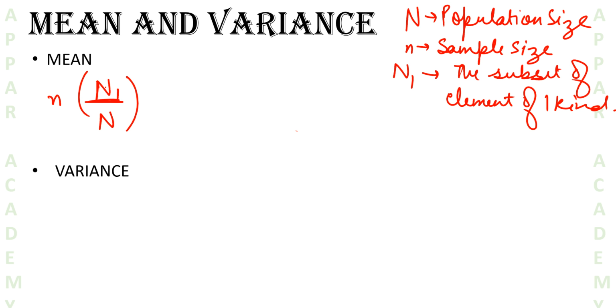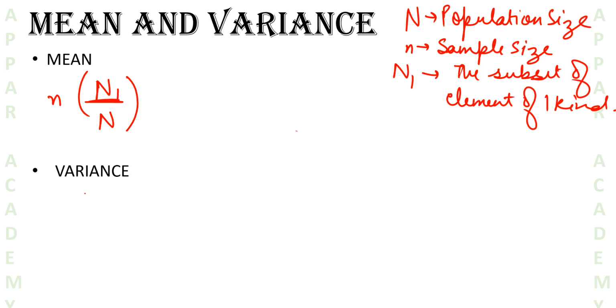This n1 upon N is simply the probability of success, and we are multiplying by n, so that was np, and this is n into n1 upon N. So it's related, because it's more or less similar, except that in the binomial distribution all the trials were independent, but in the hypergeometric distribution trials are not independent.